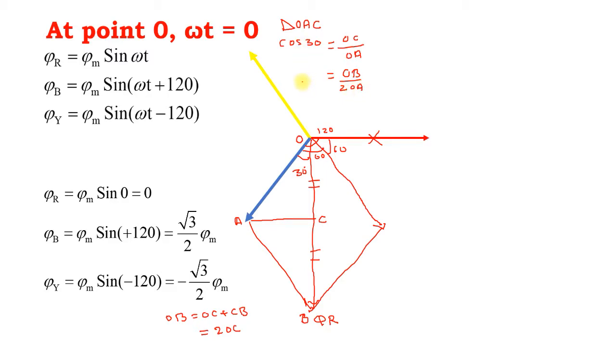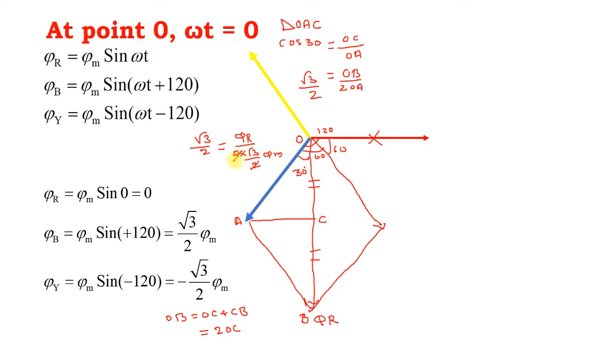The cos 30 value is root 3 by 2, where OB is nothing but phi r. So root 3 by 2 is equal to phi r divided by 2 into OA. The OA value is nothing but the blue line, whose value is root 3 by 2 into phi m.